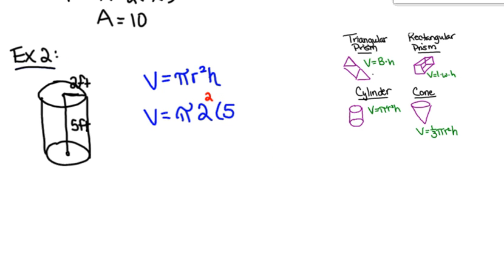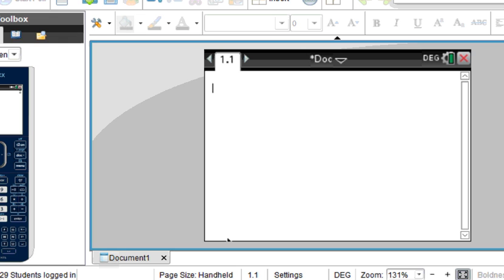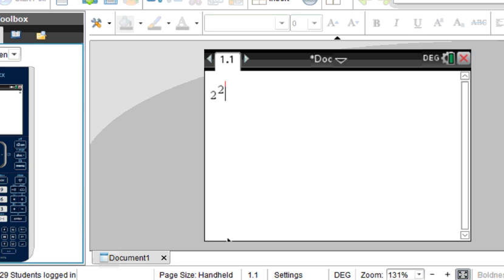And there are a couple different ways that they might ask this question, and you have to be careful and be on the lookout. If they ask for it in terms of pi, then when I get my calculator out, I'm going to put into my calculator everything except the pi. So I'm not going to put in the pi, but I am going to put in the 2 squared times the 5. So let me dig out my calculator. I want 2 squared times the 5.